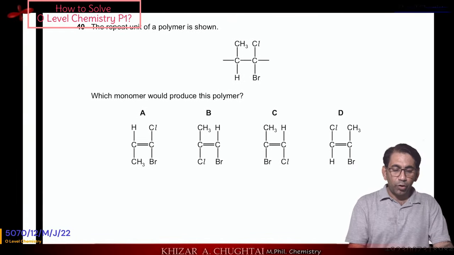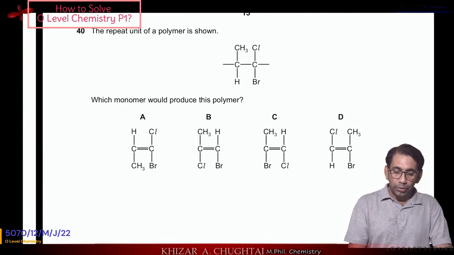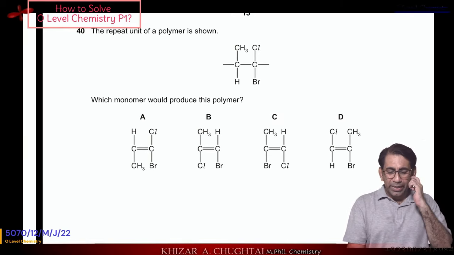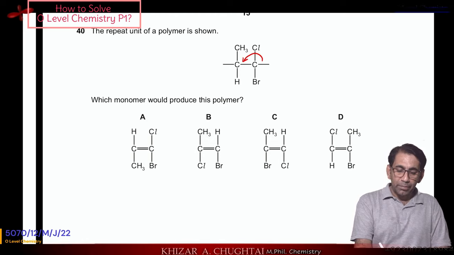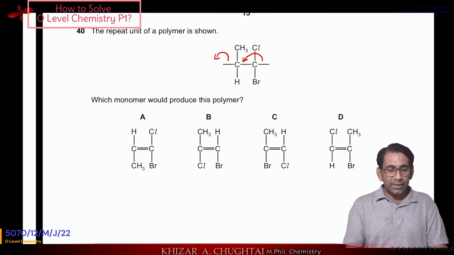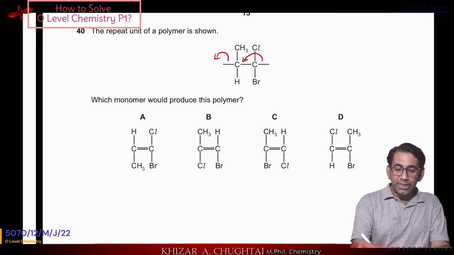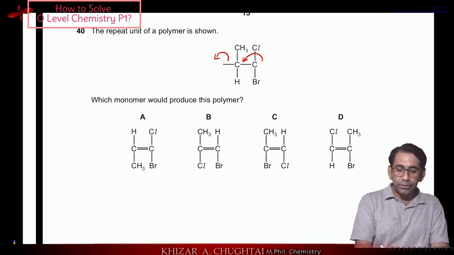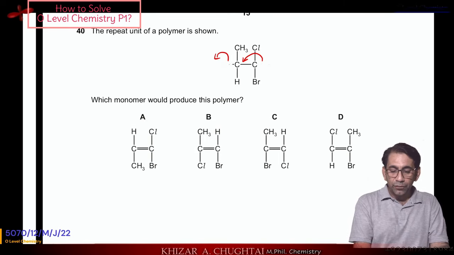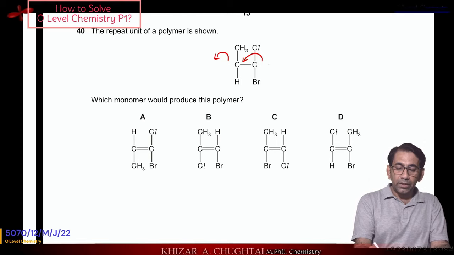The last one, question number 40. The repeat unit of the polymer is shown. Which monomer would produce this polymer? The simplest way is to reverse this mechanism. I'm erasing this line and shifting it back, and again erasing this line and shifting it back towards the original one. So simply speaking, you will get another line over here, that is this one.